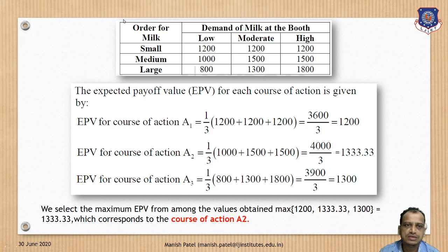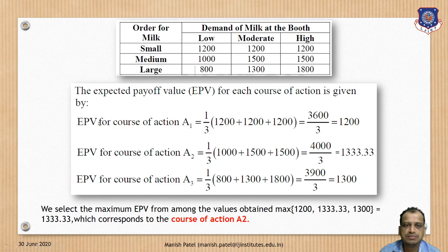In this example, the same one we explained previously, we will solve it with the help of the Laplace criterion. The low, moderate, high courses of action for the order are given. Now the expected payoff value for each course of action is found by adding 1200, 1200 and 1200 and taking the average.